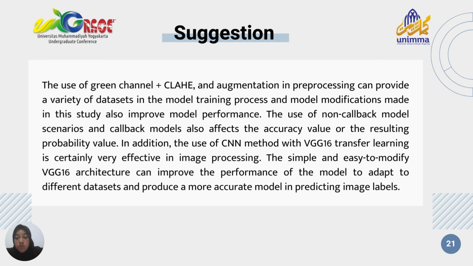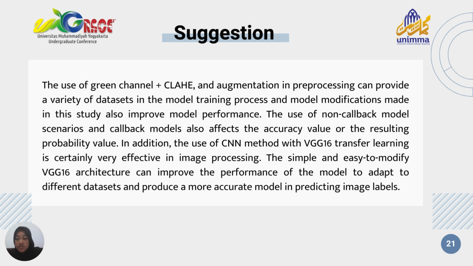The use of non-callback model scenarios and callback models also affects the accuracy value or the resulting probability value. In testing 21 images from three labels, it shows that model scenarios with the callback function provide more accurate and specific prediction results compared to the non-callback model.